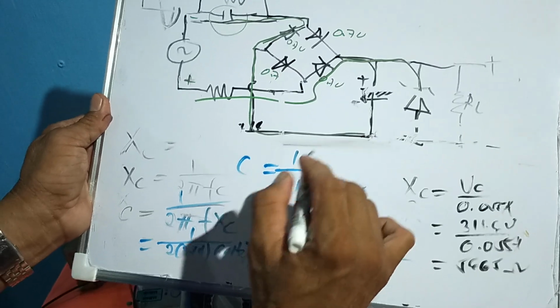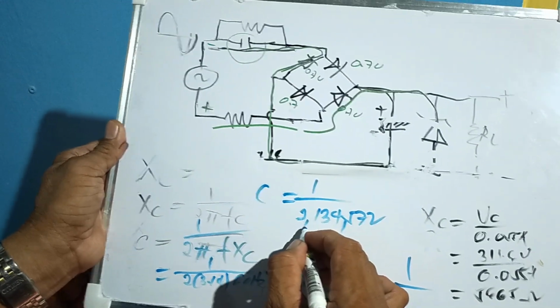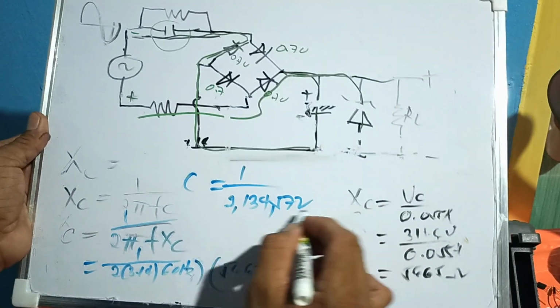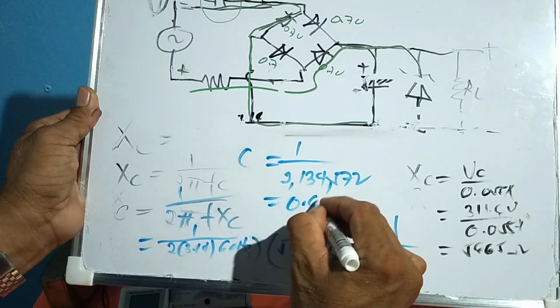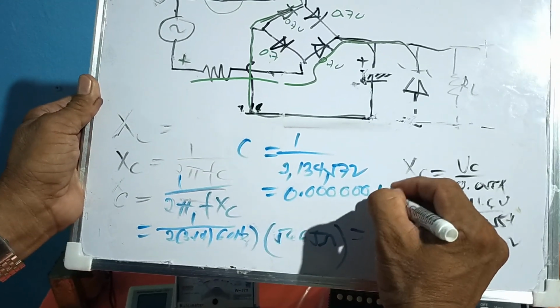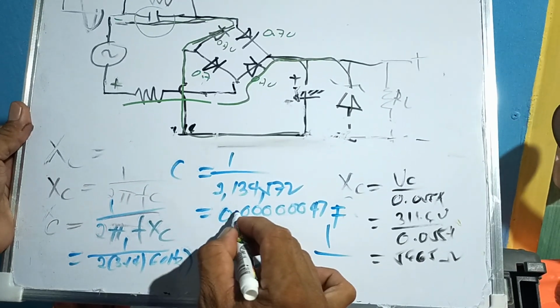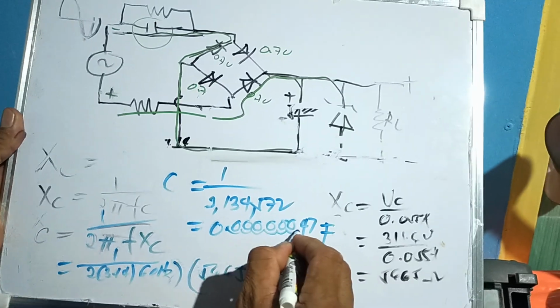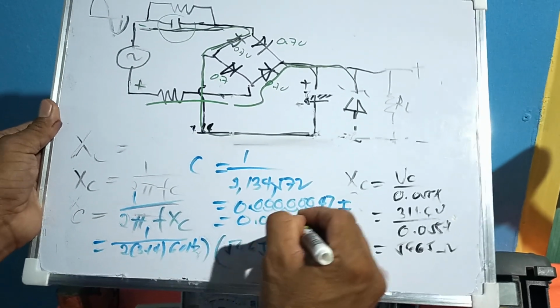So 1 divided by 2,134,572 is equal to 0.00000047 farad, or 0.047 microfarad.